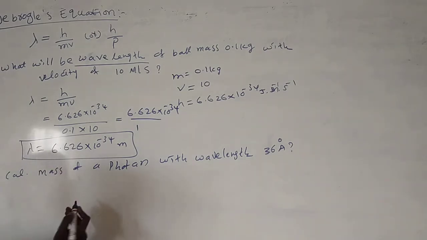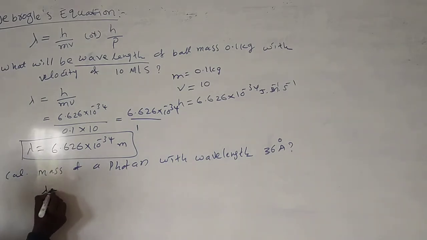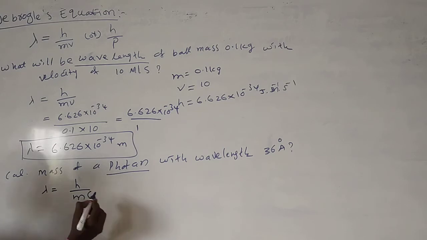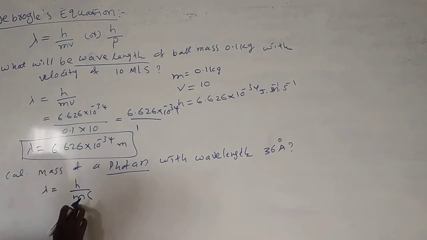Okay, here what is the principle? Lambda is equal to, for a photon, h by mc. What do they ask? Mass.